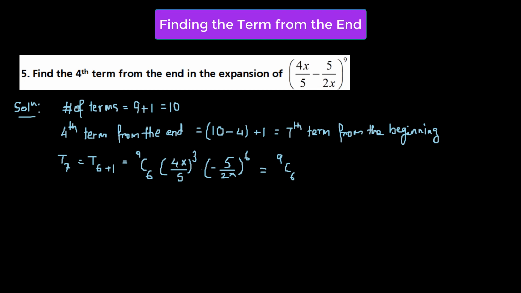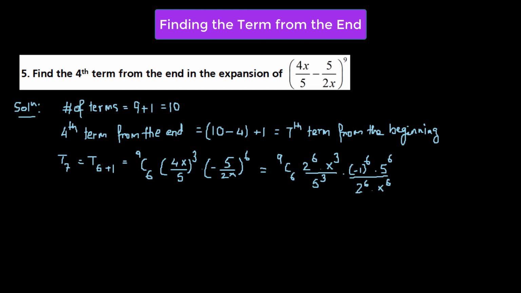The 4 can be rewritten as 2 squared, so 2 squared raised to the power of 3 will be 2 raised to the power of 6 times x cubed, divided by 5 raised to the power of 3, times we take out the negative, which is negative 1 raised to the power of 6, times 5 raised to the power of 6, all divided by 2 raised to the power of 6 times x raised to the power of 6.